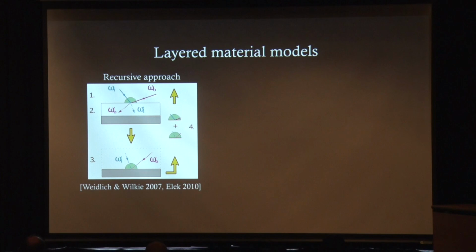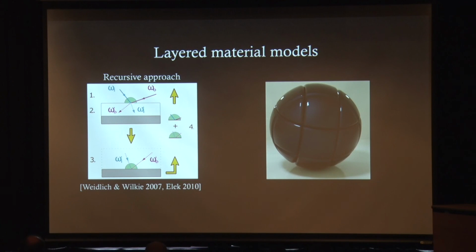In the third step, you assume they meet at the same point, which is an approximation, and you evaluate the interface there again. You do that iteratively until, in the fourth step, when you come back up, you account for transmission through interfaces. This gives really nice results, but it's not clear how the approximations or the models impact the results. For instance, there is no interreflection inside a layer in this case.